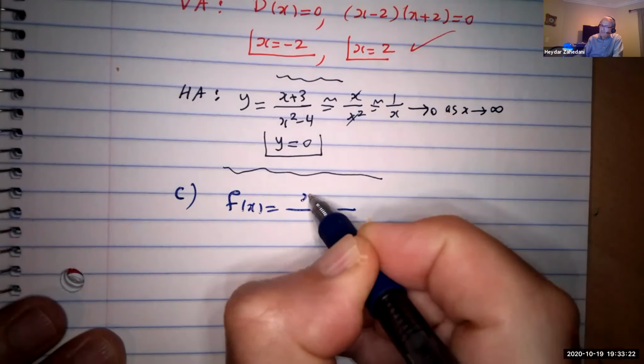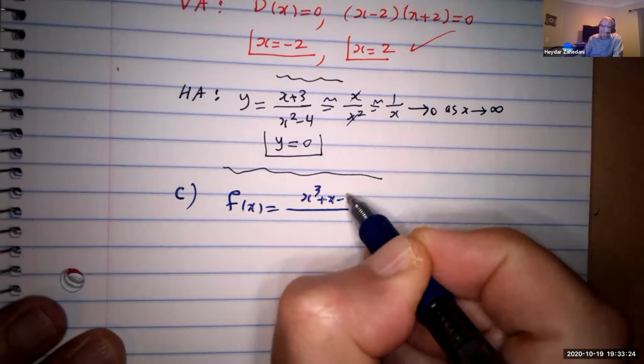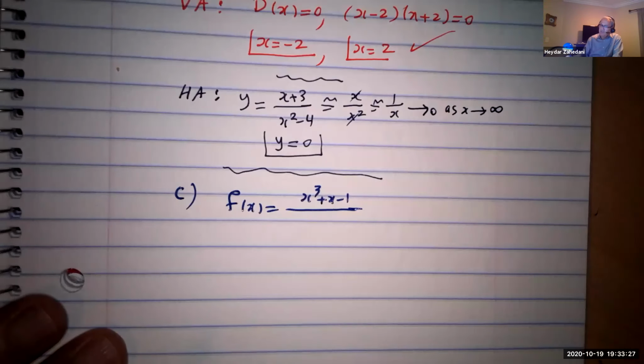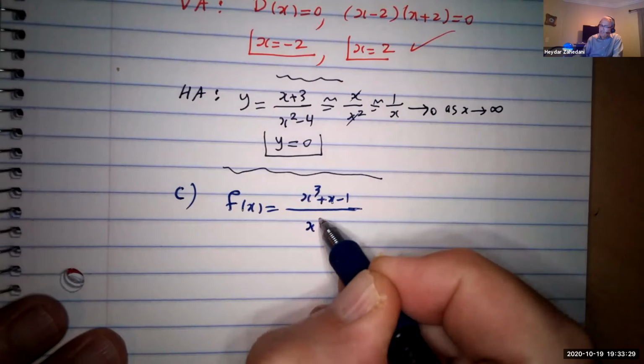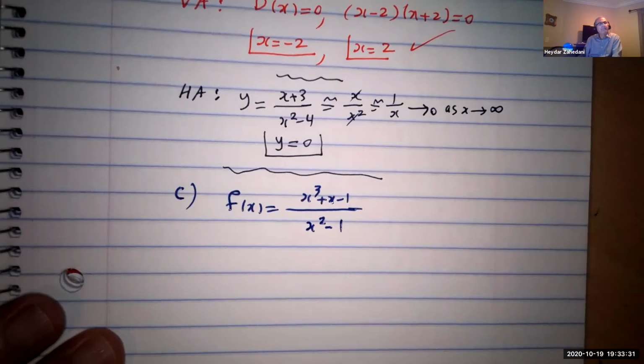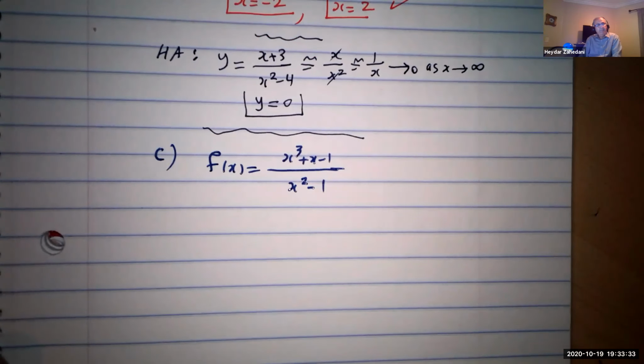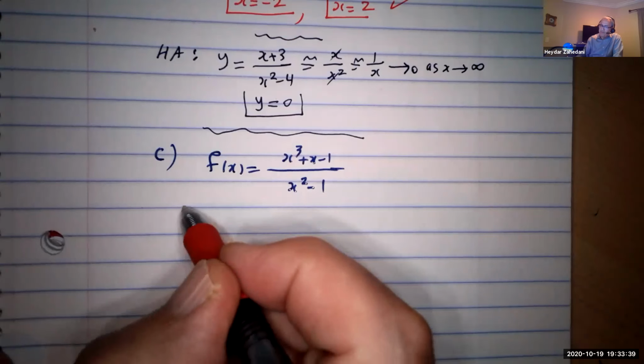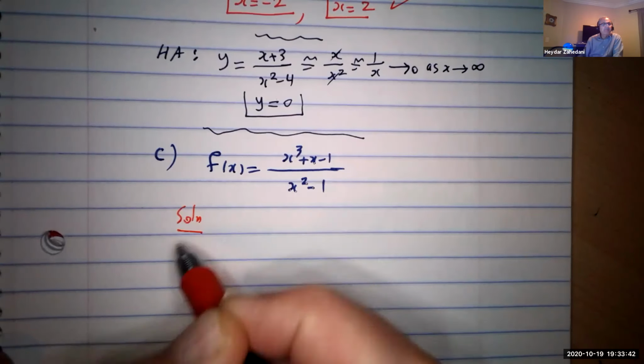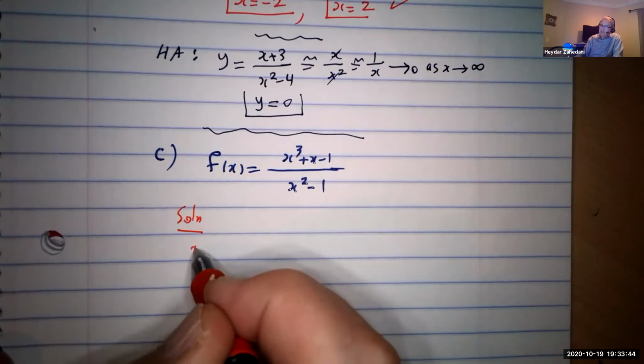The top, x cubed plus x minus 1. The bottom one is x squared minus 1. You see this one? Let's see what this is. Solution. Domain first.